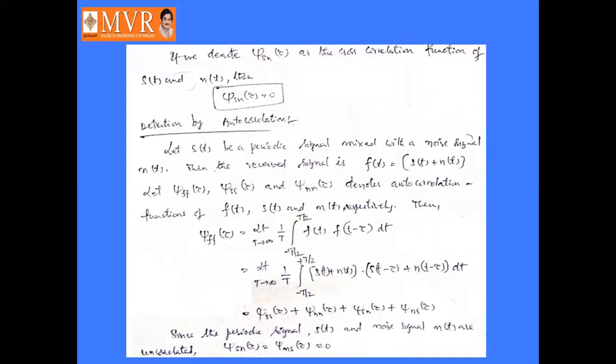If we denote chi Sn of tau as the cross correlation function of s of t and n of t, then chi Sn of tau is equal to 0.